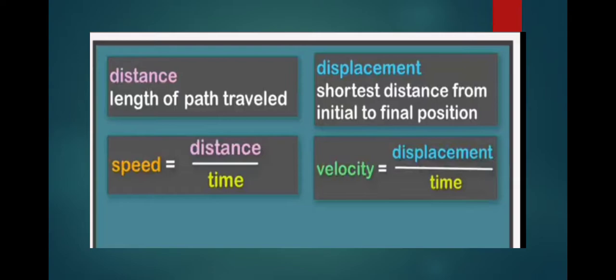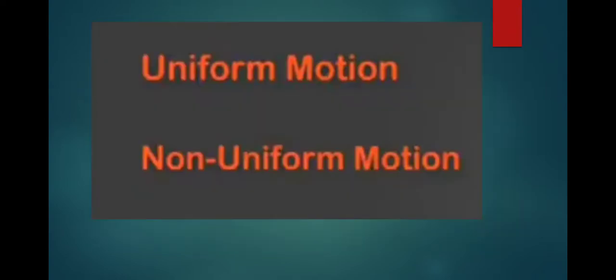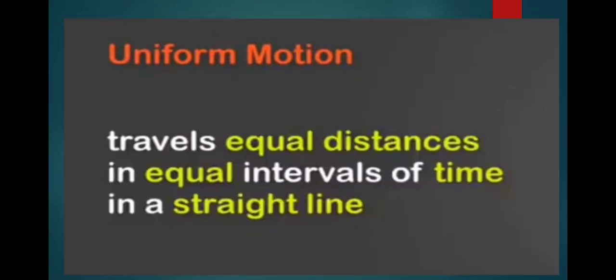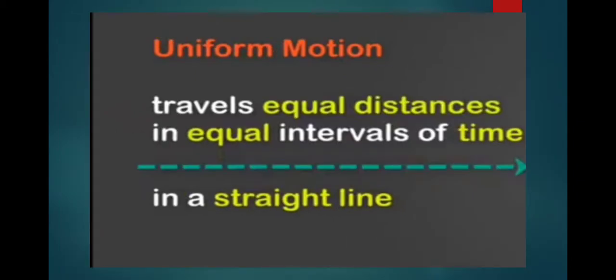Now let's talk about uniform and non-uniform motion. A body is said to be in uniform motion if it's traveling equal distance in equal intervals of time and in a straight line. Let's break down this definition. The first part says equal distance in equal intervals of time.